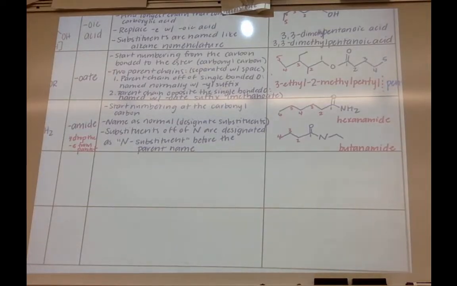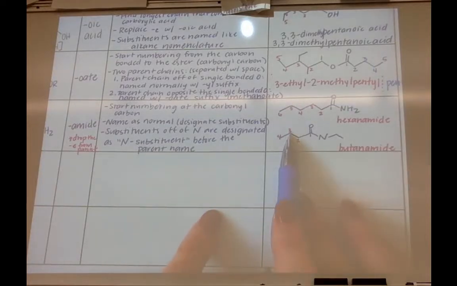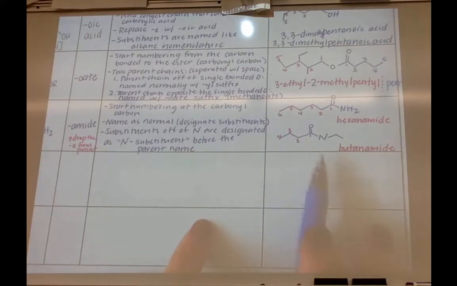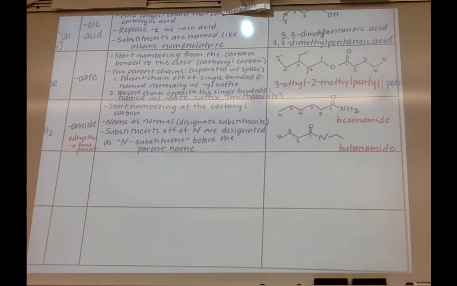Now, that's not just our name, because notice that we have something off of the nitrogen. Now, if you had, let's say, a methyl group off of carbon 3 over here, then you would have 3-methylbutanamide. If you look at that intro to functional groups sheet from Monday, it shows some like that.